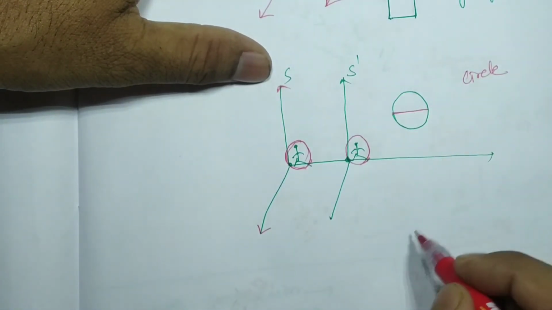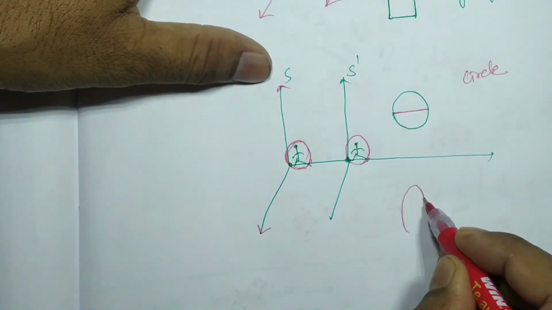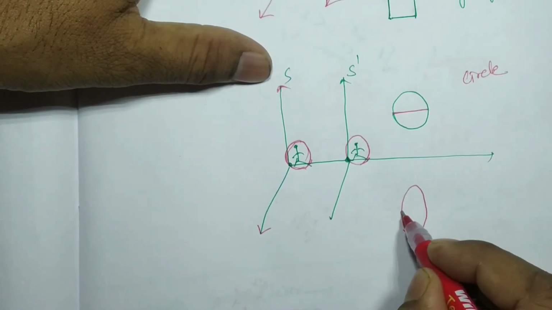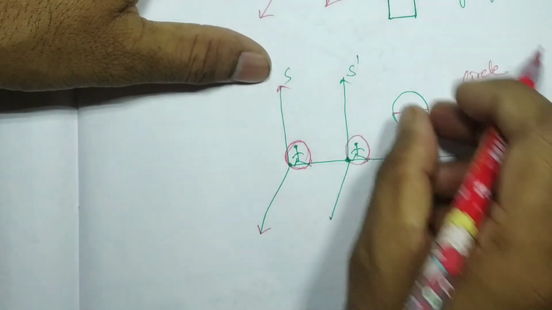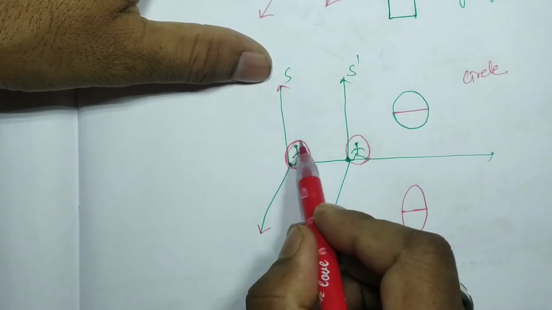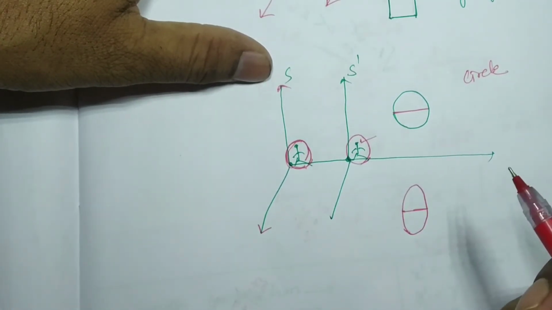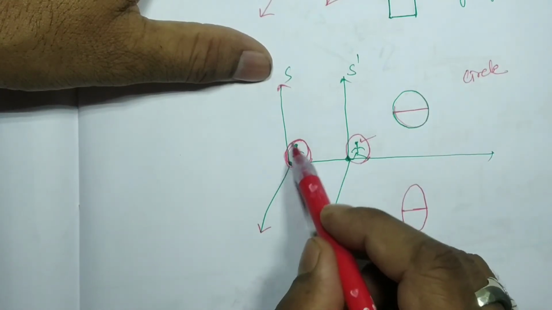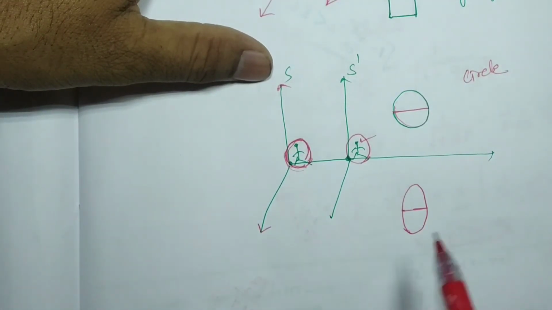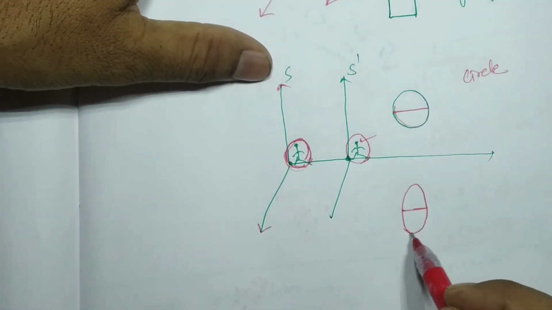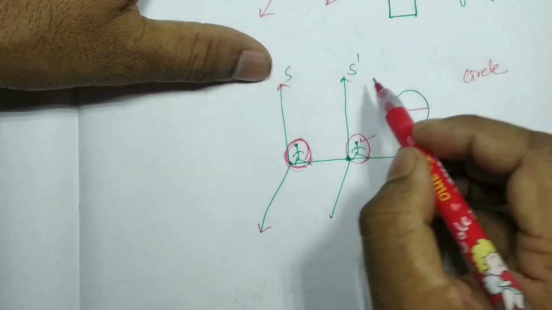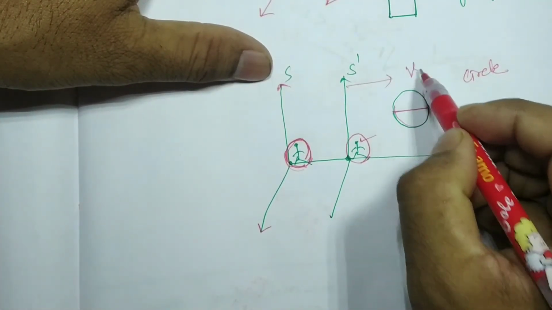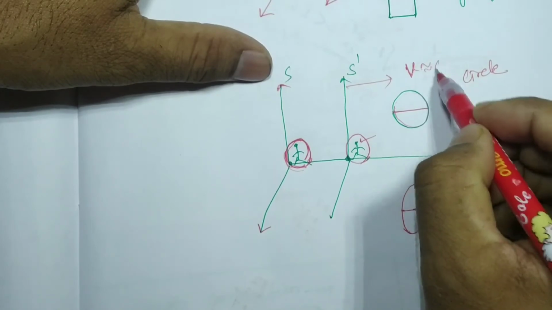If it is contracted, it will look like this, because this length is contracted for this observer. So this observer finds that this object is a circle, but this observer finds this object is an ellipse. Here the S dash frame is moving with the velocity v approximately c.